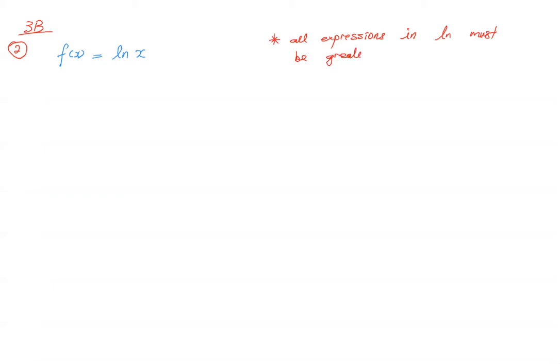Not only positive, must be greater than 0. You don't just say positive, must be greater than 0. So that is the mistake that he made right from the beginning. He didn't state the domain. Correct? If you state the domain, you know that.